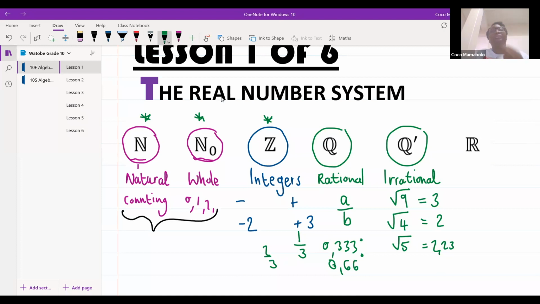When we talk about irrational numbers, we're talking about numbers that don't have a specific pattern. So I'm talking about numbers that will look like 2,3,4,7,9,5,6,1,2,5,2,7. There's no pattern there. It's just a random number that keeps going.